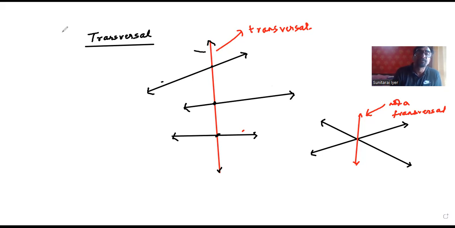Now we go one step ahead, children. Two coplanar lines are intersected by a transversal. These are two coplanar lines, please have a look here.